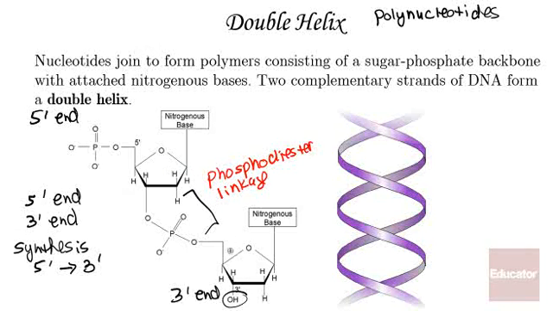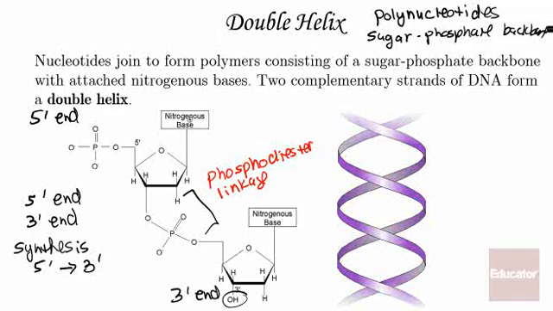Two adjacent nucleotides are linked via a phosphodiester linkage. And you should also be aware that this section, the sugar and the phosphate group, are known as the sugar phosphate backbone. So sugar phosphate backbone, right here, and then attached nitrogenous bases.